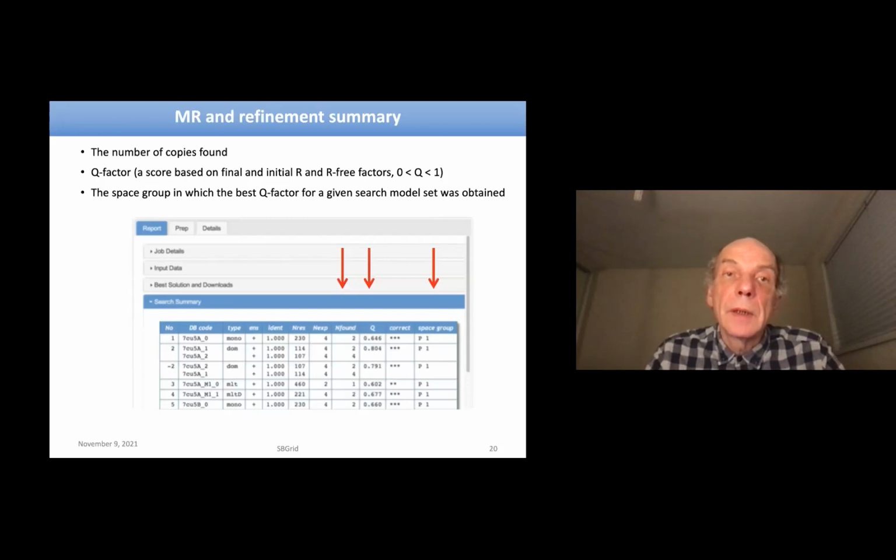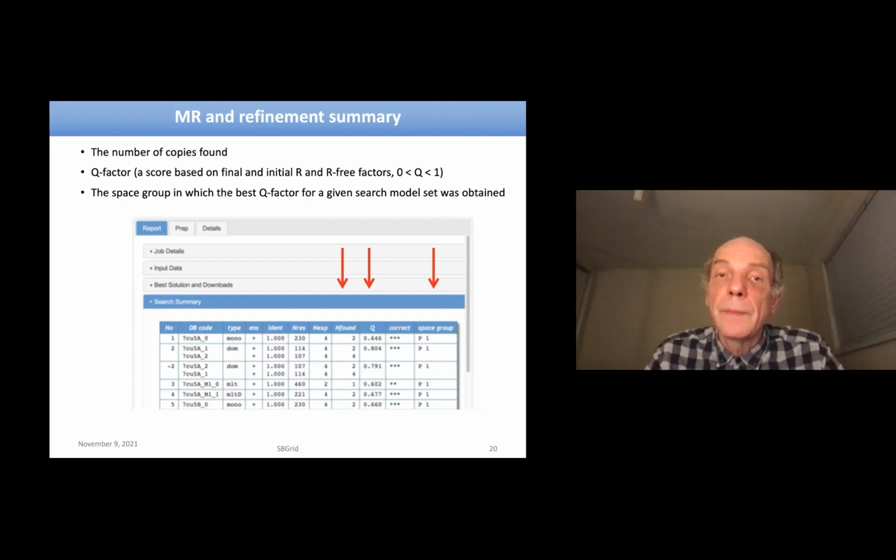This is the molecular replacement solution, and subsequent refinements are represented by several entries in the log file. And in the short table, we've got the number of copies found for either the chain or the domains composing it.